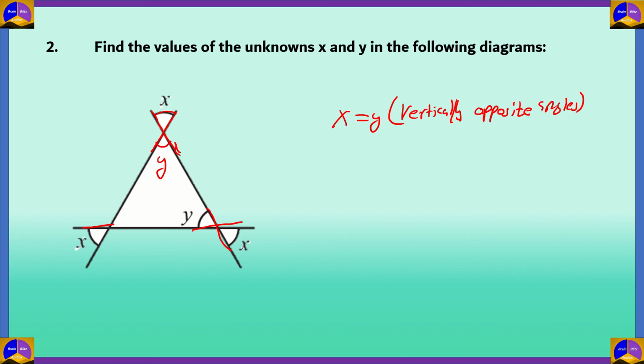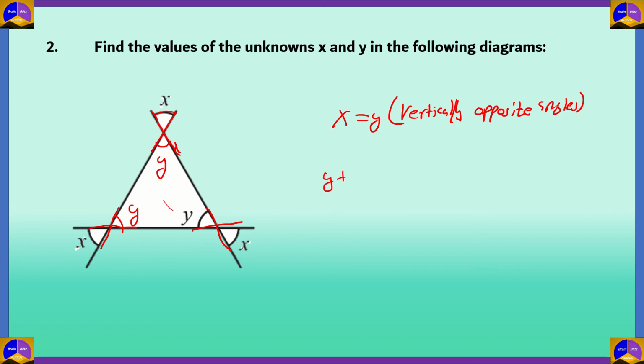Similarly, this x is vertically opposite to this angle. Now, this angle can be named as x, but since x is equal to y, this can be named as y. Now, the interior angles of this triangle are y, y, and y.